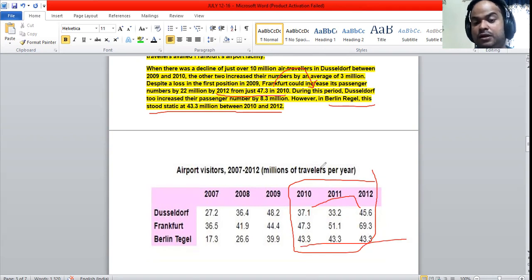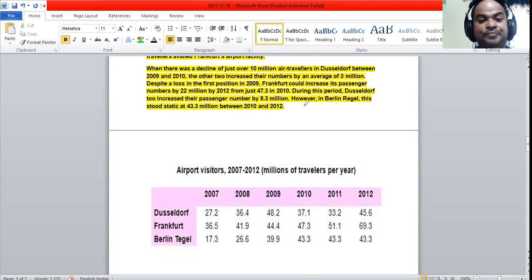There was no increase or decrease there. Now, if I want to replace the word passenger numbers here, I do have two more areas. I have used passengers. If you want, you can make some editing there at the end. So apart from that, the things are clear.